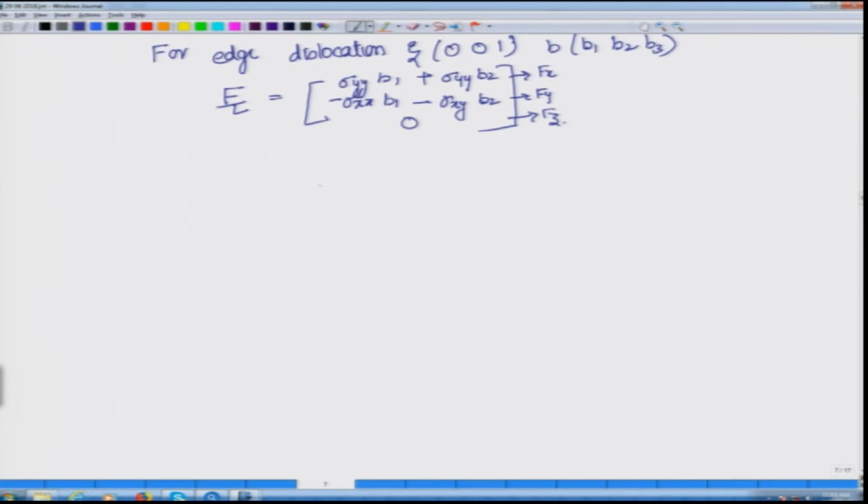Now, if we further make the simplification that b 2 is equal to 0, what does it turn out to be? B 2 equal to 0 means that we have the Burgers vector only in the perpendicular direction to the line vector. So, it is an edge dislocation.